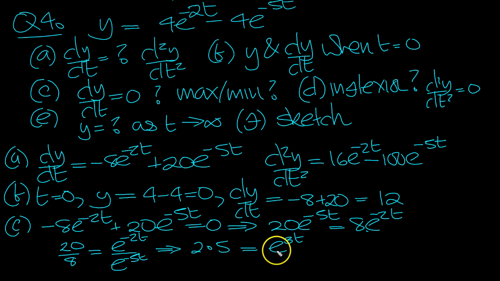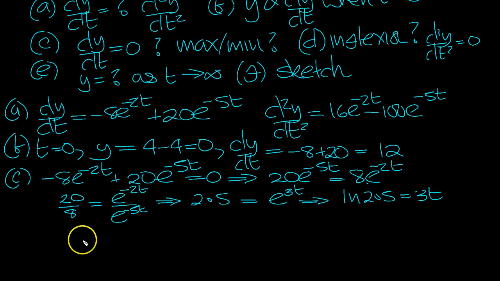Now we'll take logs, writing this index equation in the form of logs, so the e drops down to be the base number. So ln 2.5, log e of that, is equal to 3t. And now lastly, we can just get what t is. Move the 3 from times to divide and write it down from right to left: 1/3 ln 2.5.